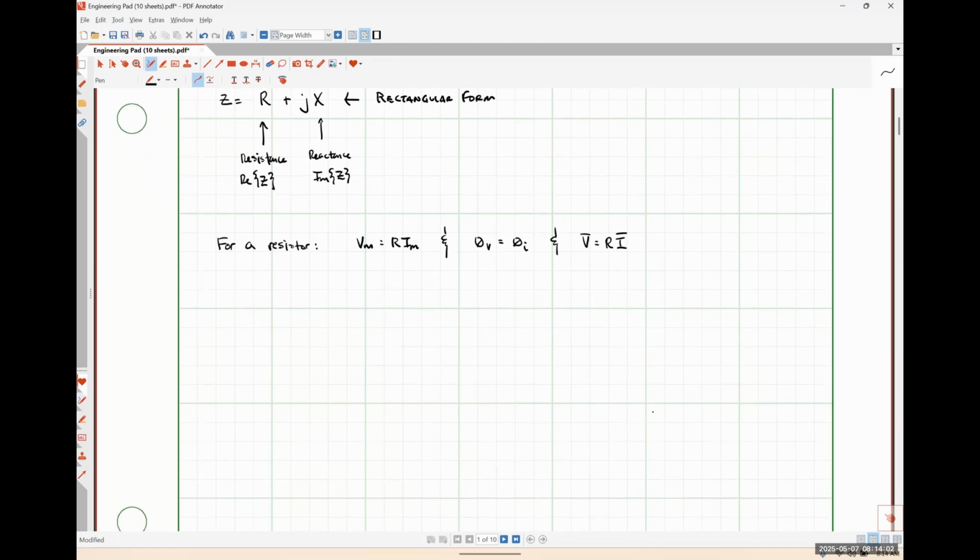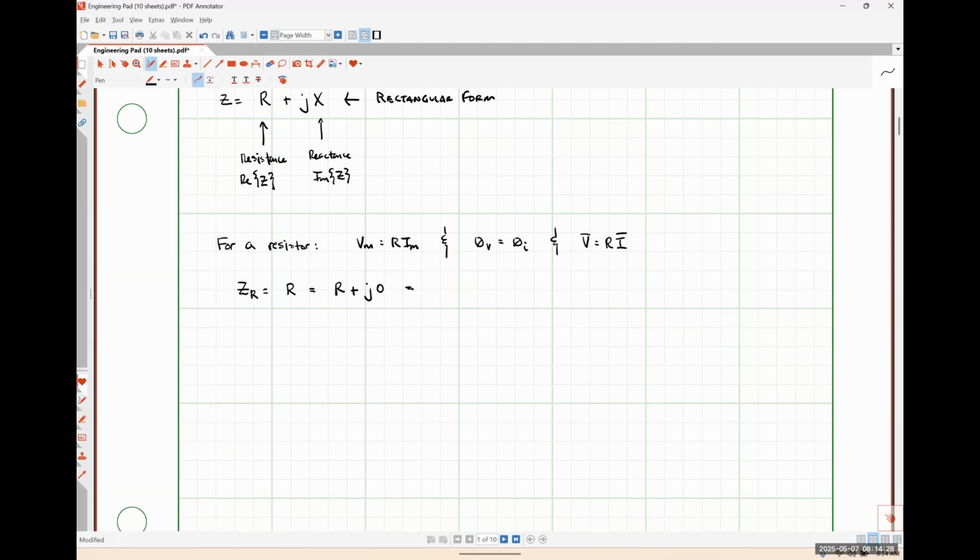And what we're going to observe is that the impedance of a resistor, ZR, is most simply expressed as just the resistor value itself, okay? So the impedance of a resistor is just the resistor value. More formally, in rectangular form, this would look like R plus j0.